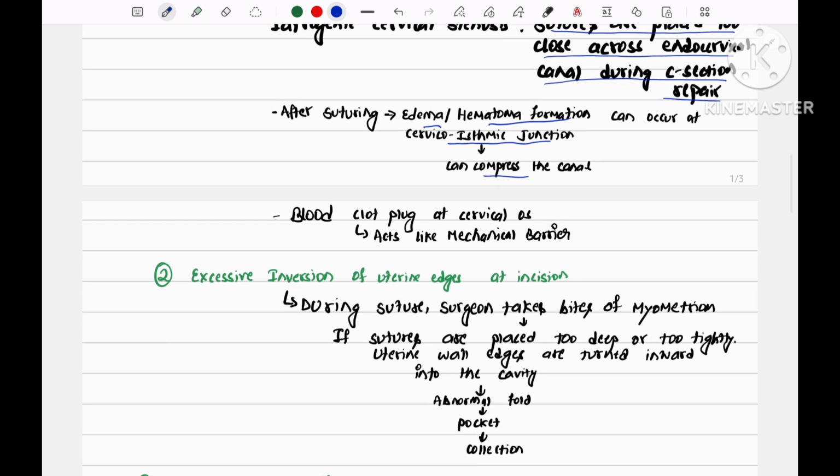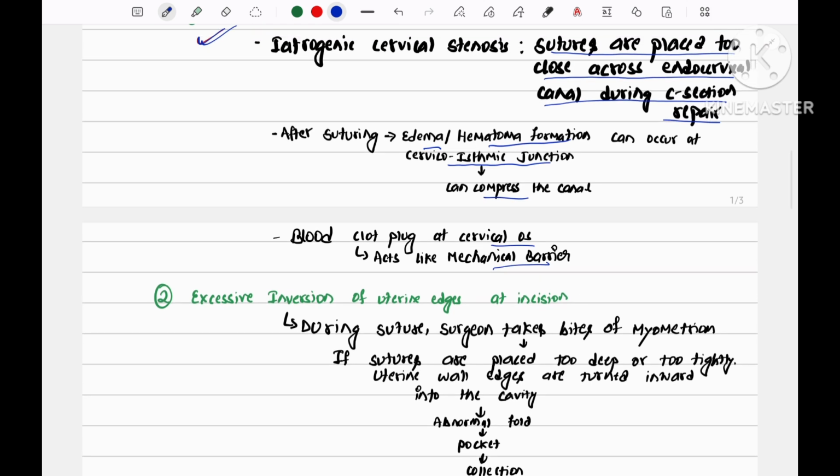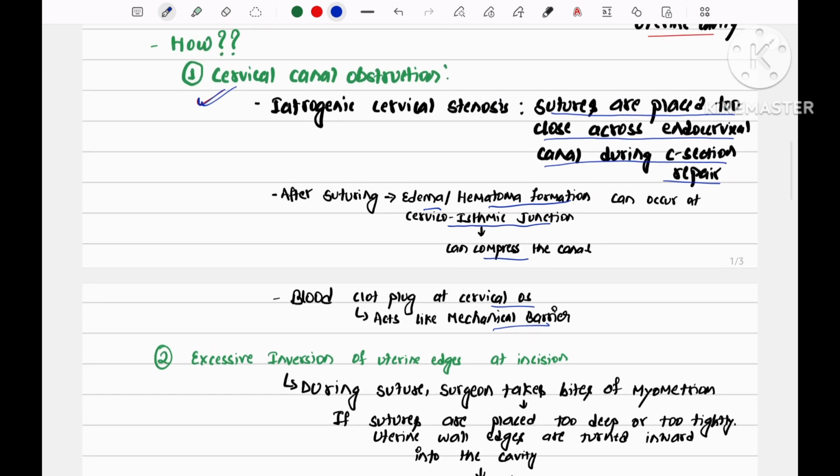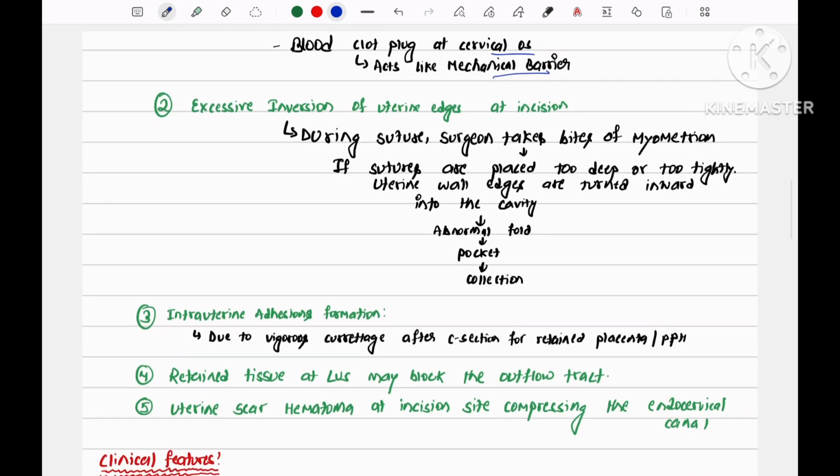And sometimes after C-section repair, a blood clot occurs at the cervical os, and it acts like a mechanical barrier, due to which there is again obstruction and the blood cannot come out, leading to cervical canal obstruction, finally postpartum hematometra.